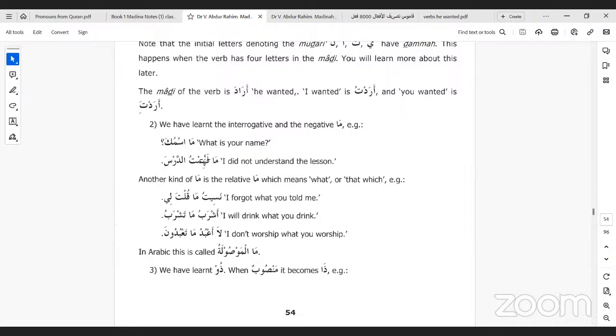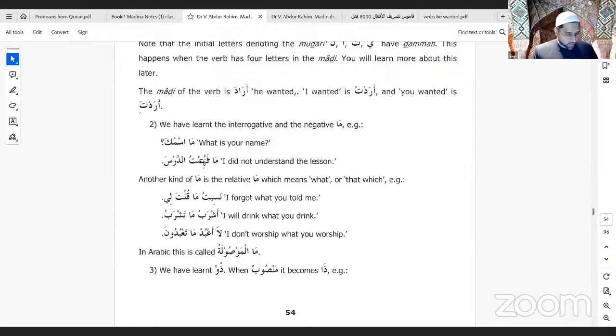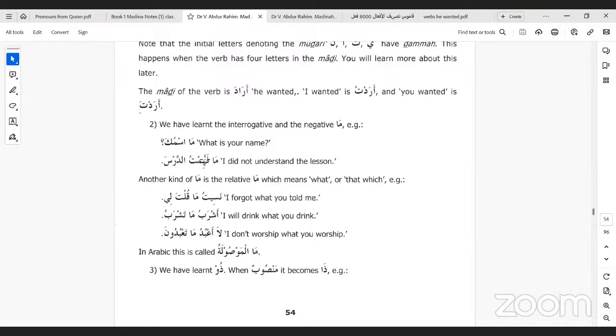Okay, so should I start with number 2? Yes, please. We have learned the interrogative and the negative ma. For example, ma ismuka, what is your name? Ma fahimtu ad-dars, I did not understand the lesson. Another kind of ma is the relative ma, which means what or that which.